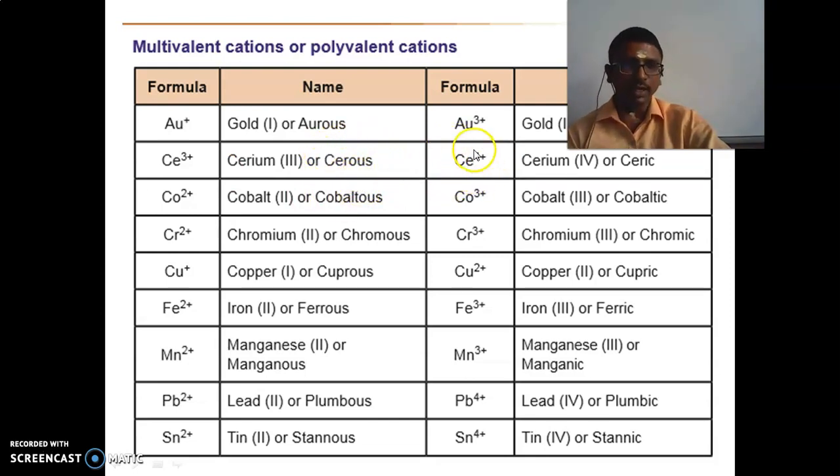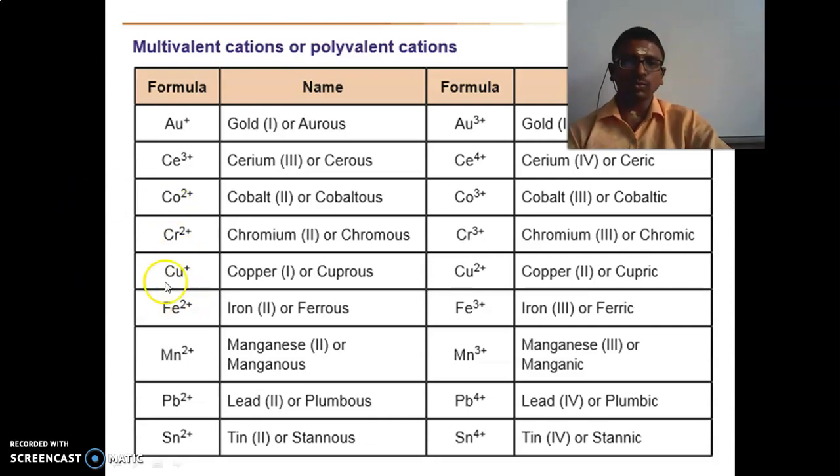Plus 4 is the higher valency, so we can write cerium 4 or ceric. Next is Co2 plus. Co means cobalt. Cobalt has 2 valencies, plus 2 and plus 3. Plus 2 means cobaltous or cobalt 2. Plus 3 means cobalt 3 or cobaltic.